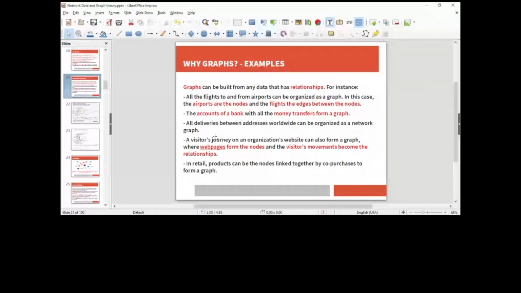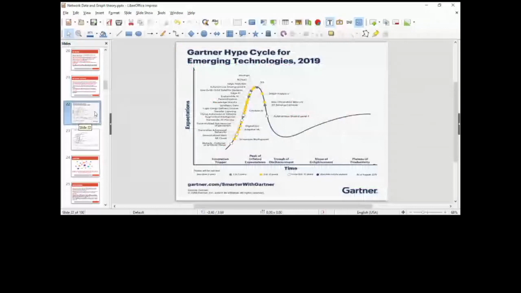So it's a problem-solving technique, and in the Gartner chart, this is old by the way, I wish I had the latest one, you find graph analytics here. It's heading up to the plateau of productivity, so it's coming down here. It has gone beyond the hype zone and is very powerful.